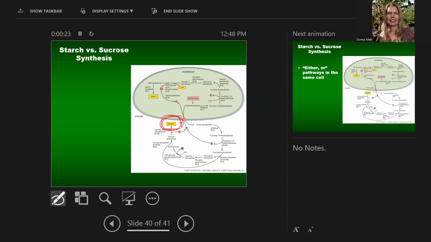The Calvin cycle is happening in the chloroplast. And if they need to make sugar, they'll send out some of the G3P into the cytoplasm to make sucrose. If they have plenty of sucrose made and cooking along, then they might say, let's just make starch instead. So they have this either-or option in that cell. They're like, should I make sucrose and send it along, or should I go ahead and save up and make starch?